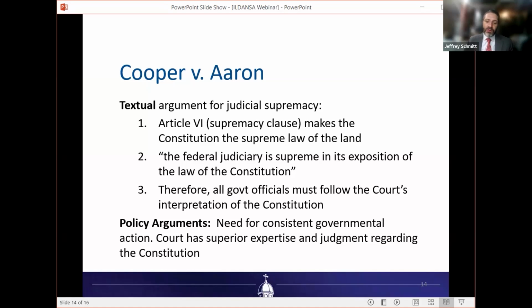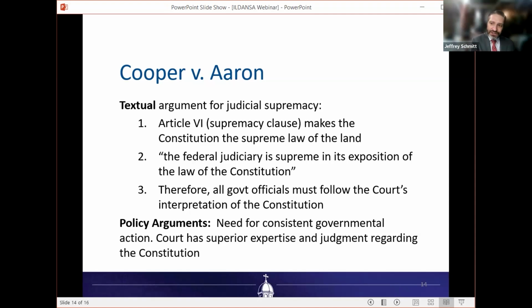They think that, well, no, each branch of government gets to interpret the Constitution equally. Nothing in the Constitution says the court is special. That's true. Nothing in the text of the Constitution says that. But for the last 200 plus years, that has been the trajectory of US law, right? And it's based on this idea that we need a consistent interpretation that is uniform throughout the country.